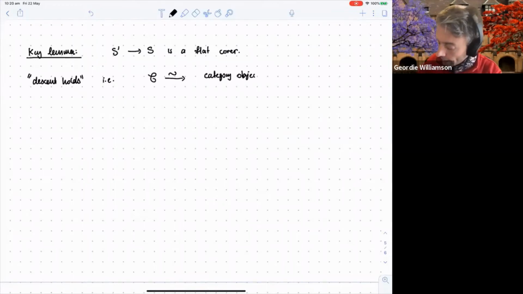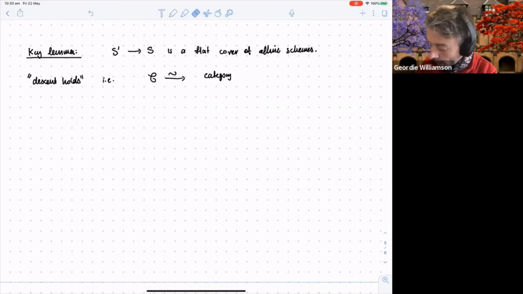So this is a flat cover of affine schemes. So C is equivalent to the category of ... satisfying descent.